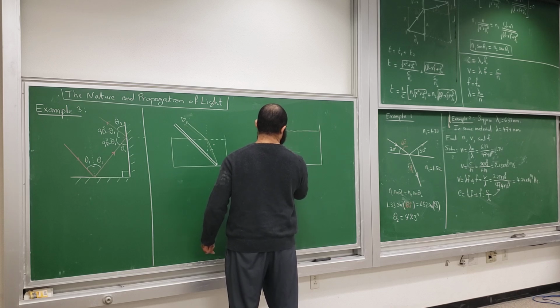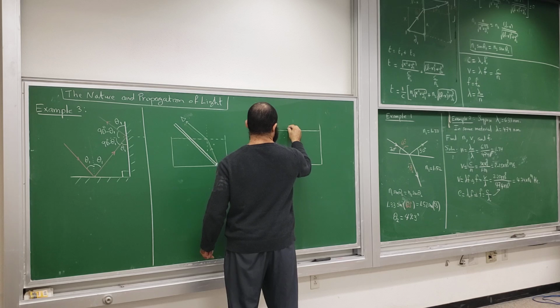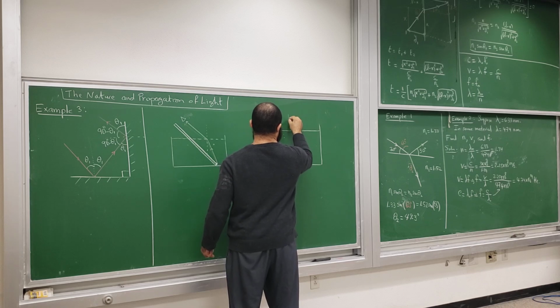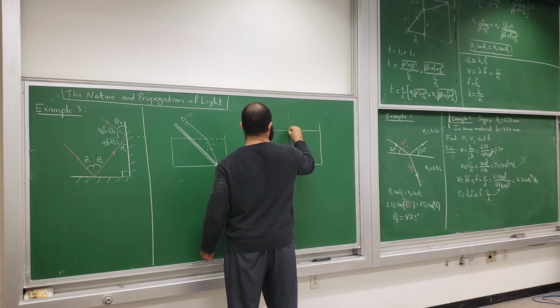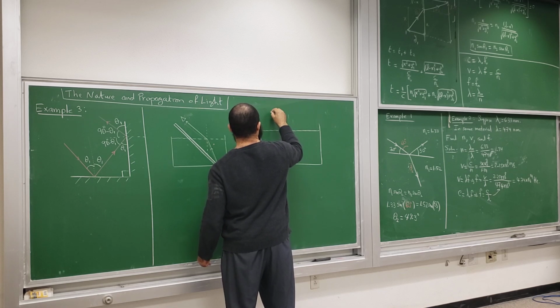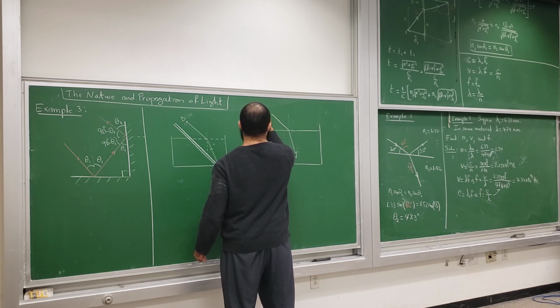Let's make the fish a little bit more down. Some space. Let's say light comes this way, and then it comes to you, right? You're standing somewhere here.